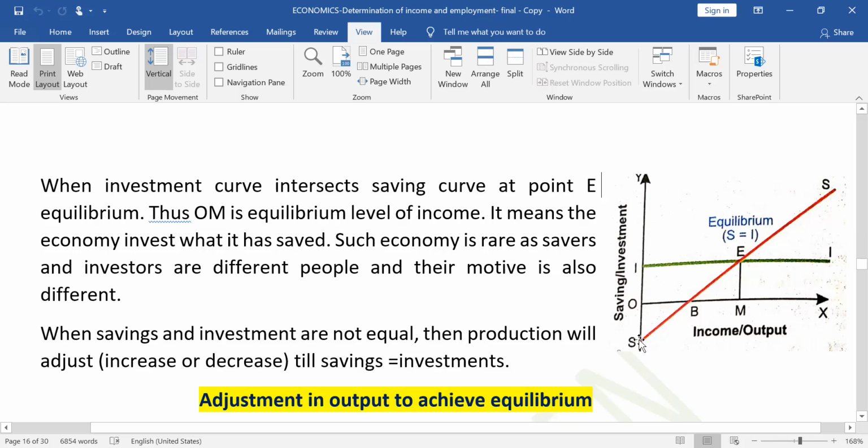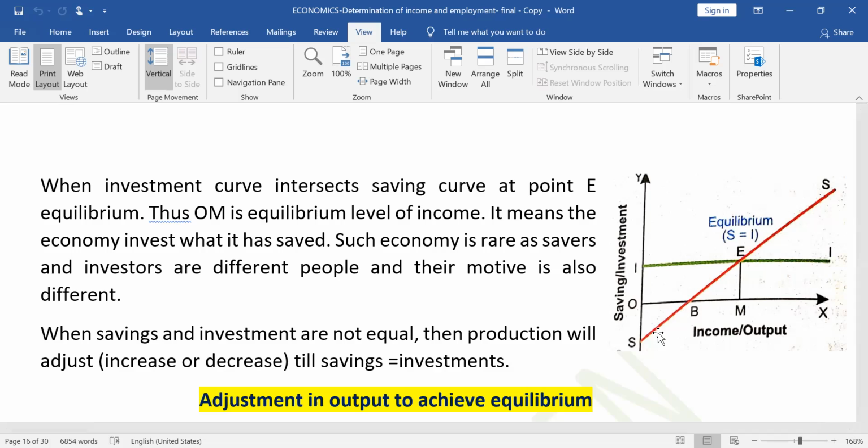The saving curve, which is the red line here, starts from the negative side and is upward sloping. The reason is that at zero level of income or very low level of income, there is negative saving, because consumption is always there even when income is zero.